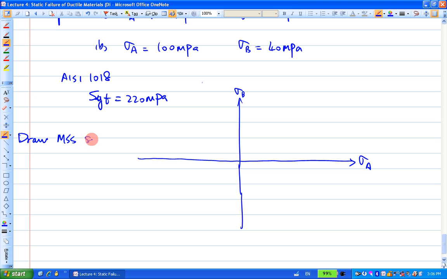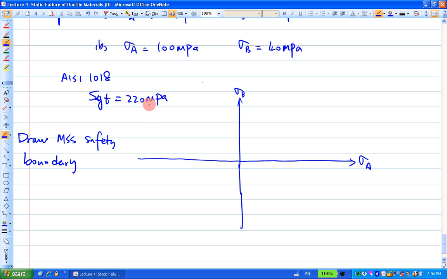But you don't draw it arbitrarily, you draw it according to scale. The scale is according to this material property, 220 megapascal.